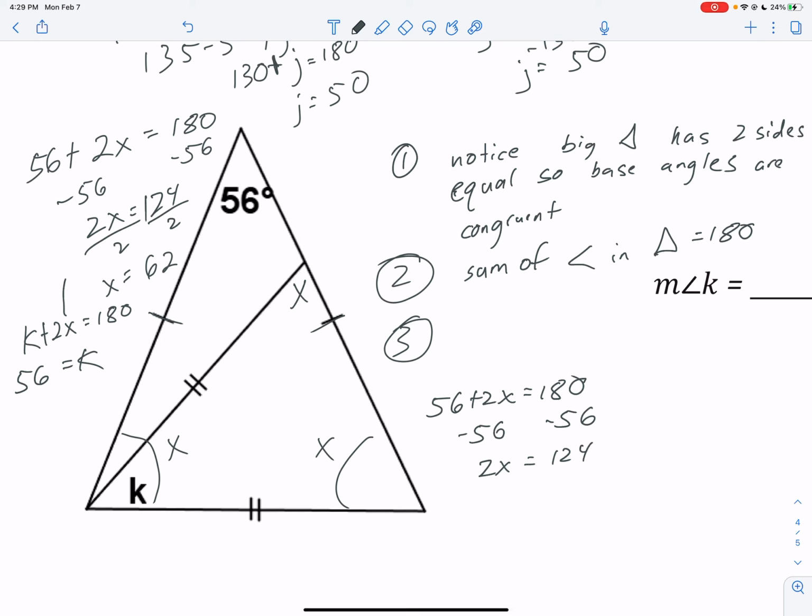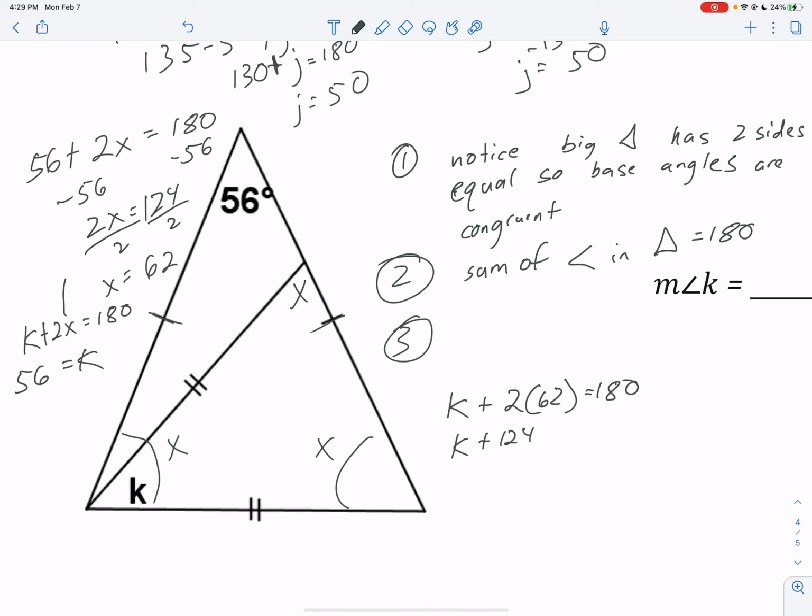And then when I substitute, I plug it into this equation. So I'd get k plus 2 times 62 equals 180. So I get k plus 124 equals 180. Subtract 124 to get k equals 56 again.